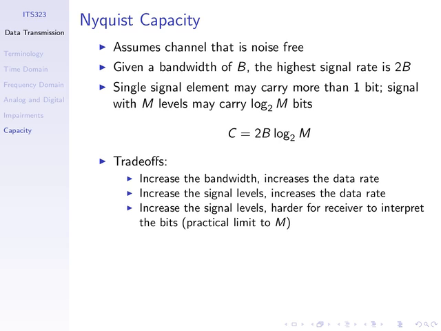I transmit a signal that represents the first bit. The first bit is 1. Our scheme tells us to transmit for 1 millisecond at -5 volts. This is starting at time 0, after 1 millisecond of transmitting at -5 volts.